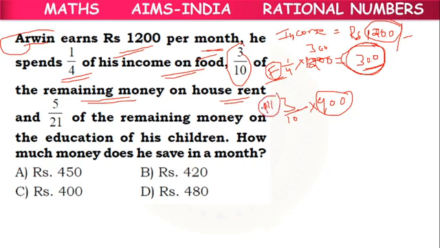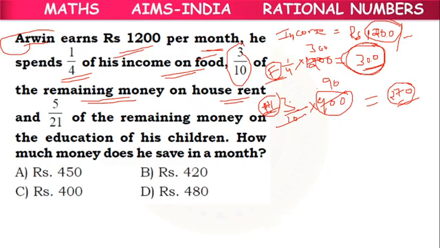Means 3 by 10 of 900. 10 90s are 900. 3 into 90, how much? 270. So 270 rupees he is spending for house rent.